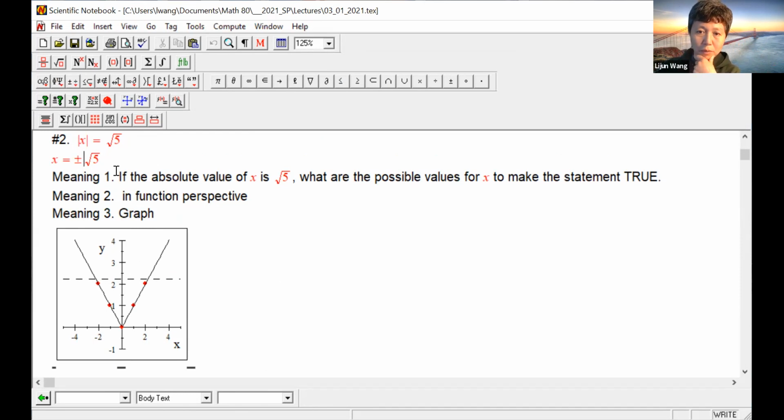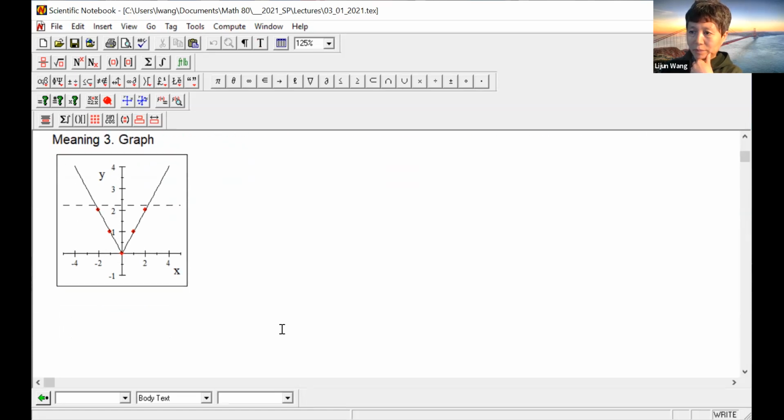Okay, so I'm going to jump a couple questions. I want you guys to think of number 6 and number 7. Think of meaning. This is absolute value of x equals negative 3, and this is absolute value of x equals 0.